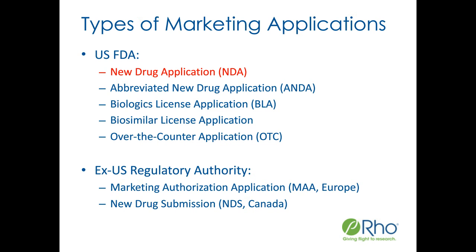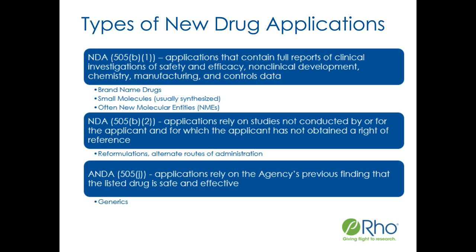But today we're going to focus on the U.S. NDA, and specifically on the 505(b)(1) application, which is an NDA for a new chemical entity or new molecular entity. Those are novel products that go through development from discovery to marketing applications. There are also 505(b)(2)s and, as I said, ANDAs, which are also NDAs, but we're not going to be speaking about them today.